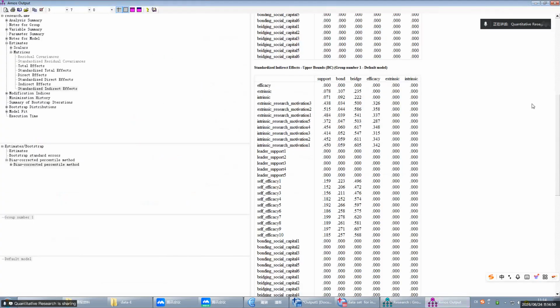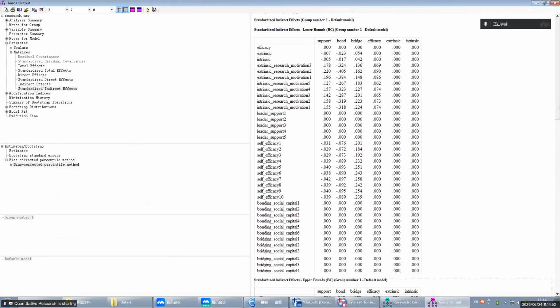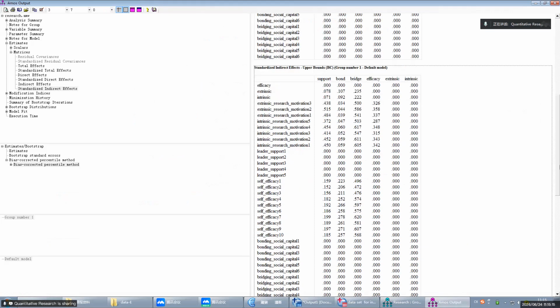Next, you can see here, bond to extrinsic motivation. Lower bound minus 0.023, right? Then upper bound, bond to extrinsic, 0.107, right?